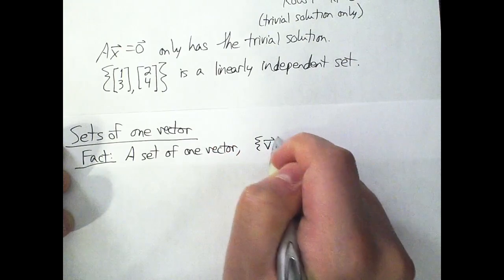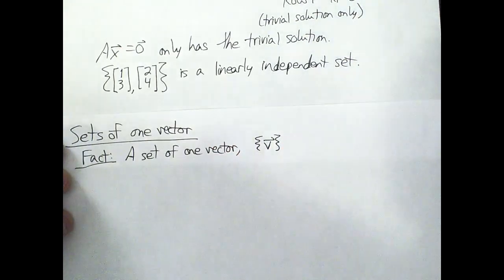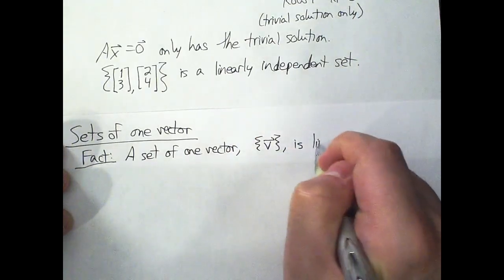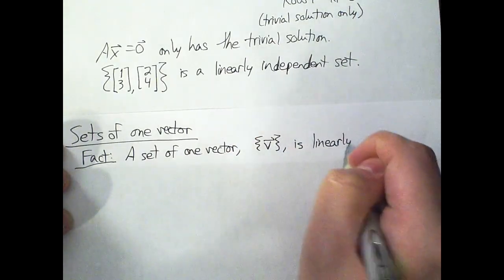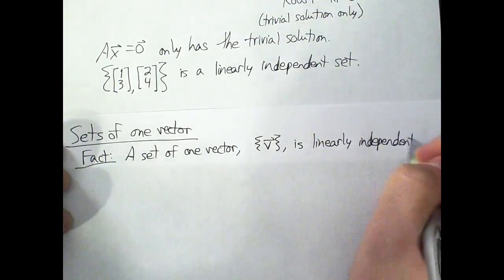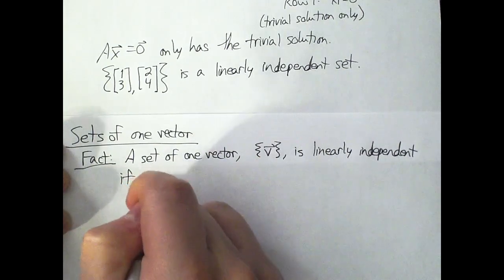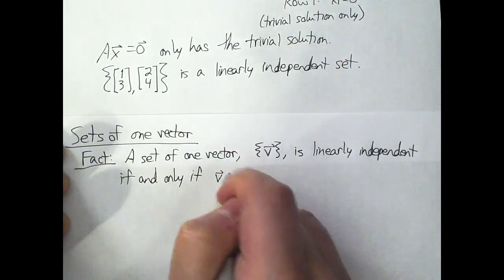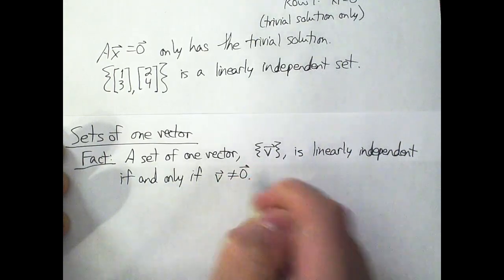Let's just call it V. I mean, we don't really need to call it V1. If there's only one of them, we can just call it V. A set of one vector is linearly independent if and only if V is not the zero vector.